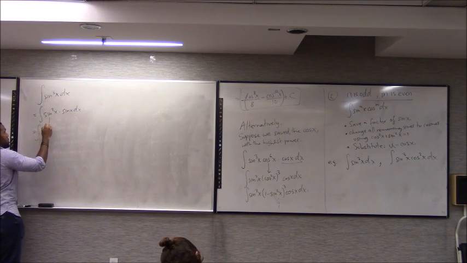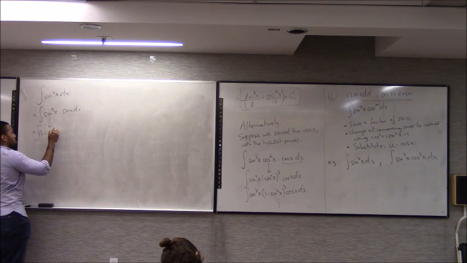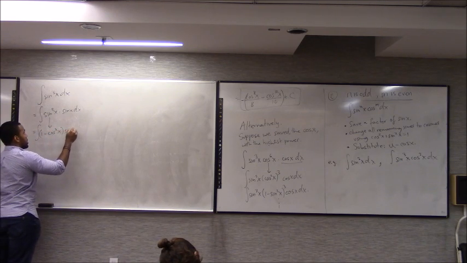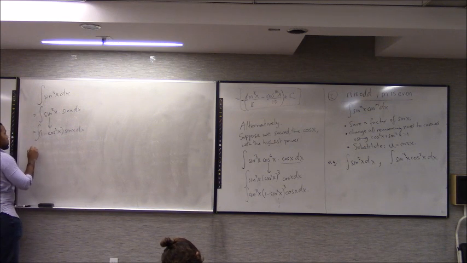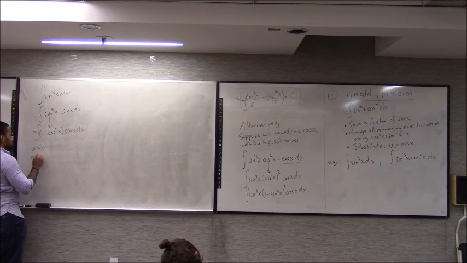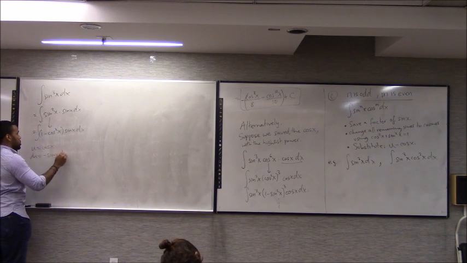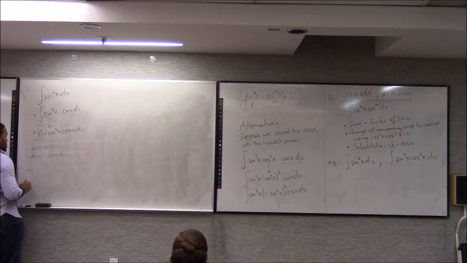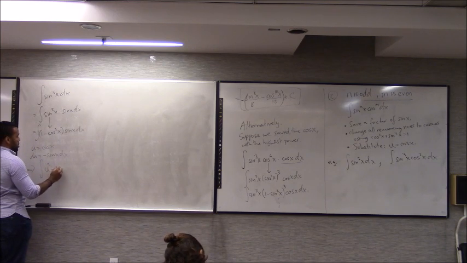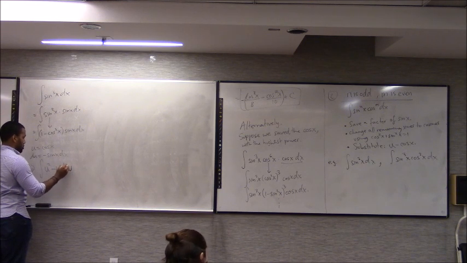I can then change this using the trig identity to 1 minus cosine squared. I can then do a u substitution. u equals cosine, du is minus sine x dx. And so this will give us the integral of u squared minus 1 du.